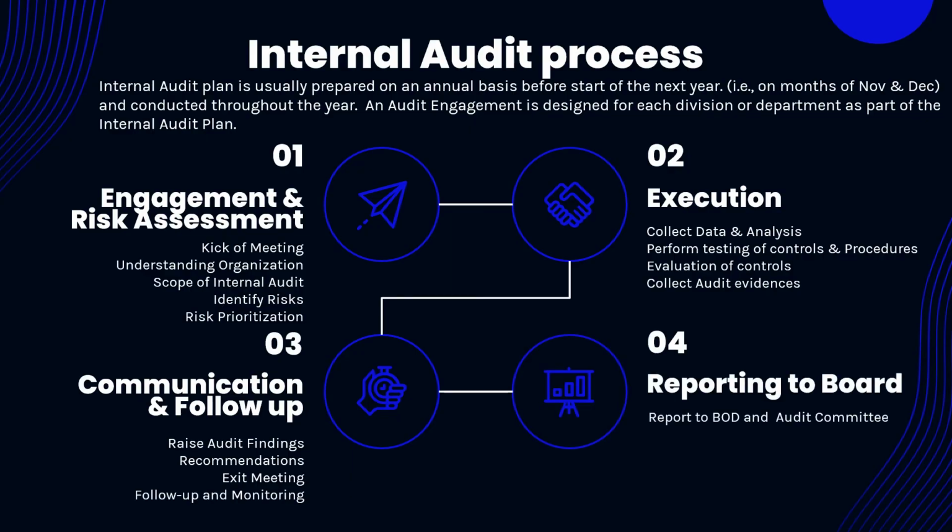The last one is reporting to the board. Now, this is where you highlight the differences between the internal audit and external audit. External audit reports to the shareholders, and internal auditors report to the management and to the audit committee.